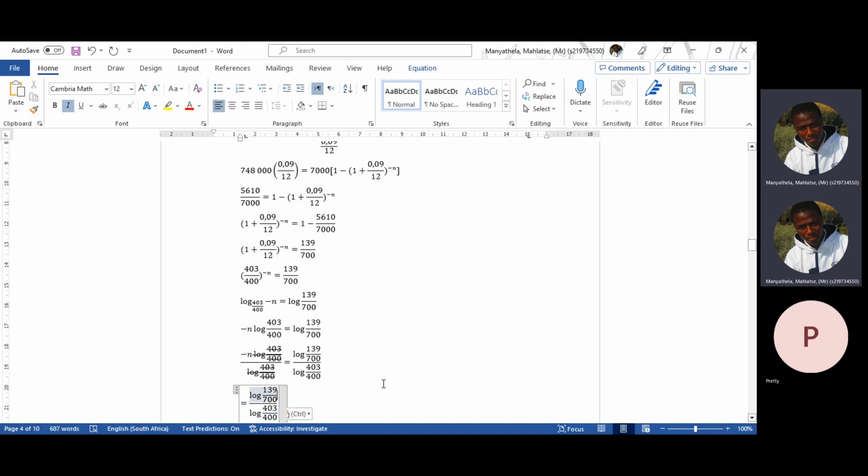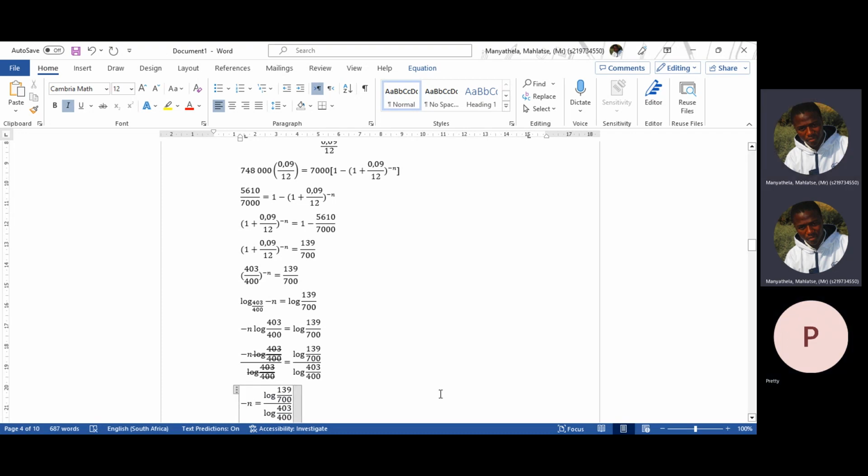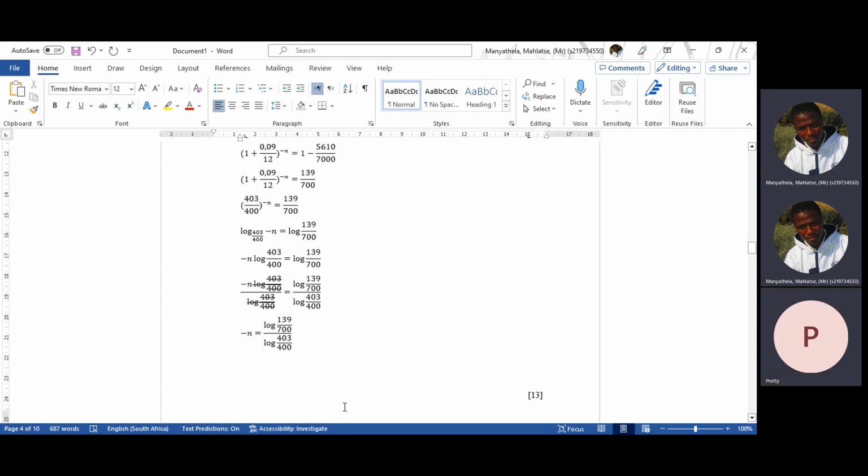So can you work this one out on a calculator? Negative n equal to log 139 divided by 700 over log 403 over 400.